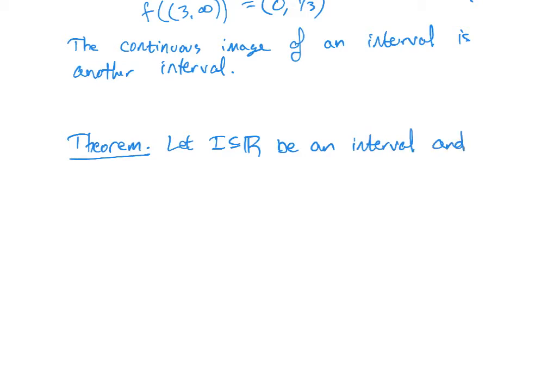And let's let f map from I to R be continuous. Now, when we just say continuous, what we mean is that you're continuous on your entire domain. I'll put that in parentheses so we remember.